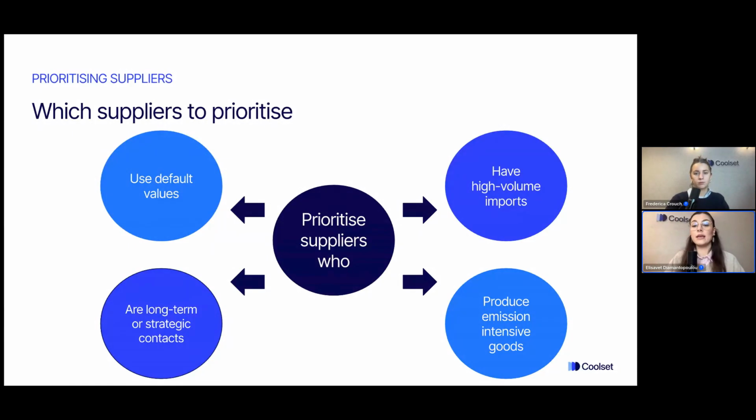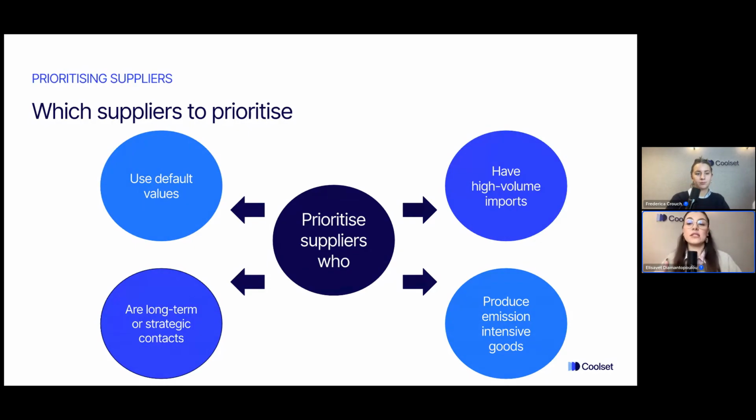Similarly, maybe you have suppliers that are producing the more emission-intensive goods, so it makes sense that you understand more what's happening and how you can influence that cost. And last but not least, I would personally suggest to first invest in the long-term suppliers where you can get better quality of data and then see this paying off year after year.